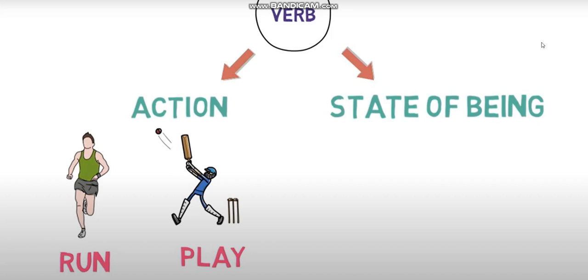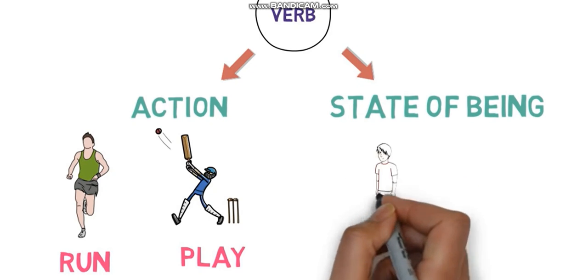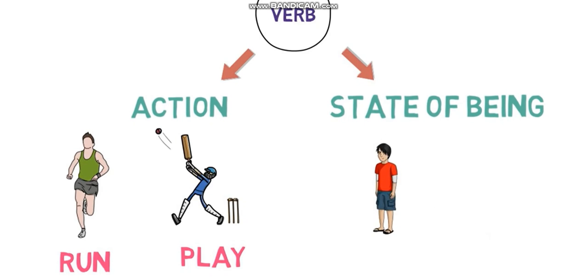Now, let's look at the state of being type of verbs, also called stative verbs. They define the state of the subject. This is an image of a boy. We say Ram is a boy.